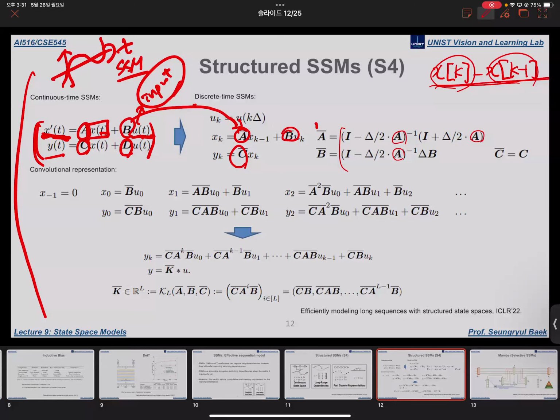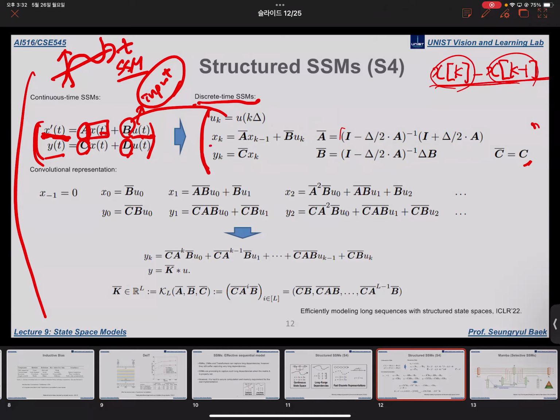Anyways, I will not go into details with this kind of formula, but I will just provide some high-level intuition for these formulas. So anyways, they want to first sample the continuous time SSMs to make them discrete time signals.